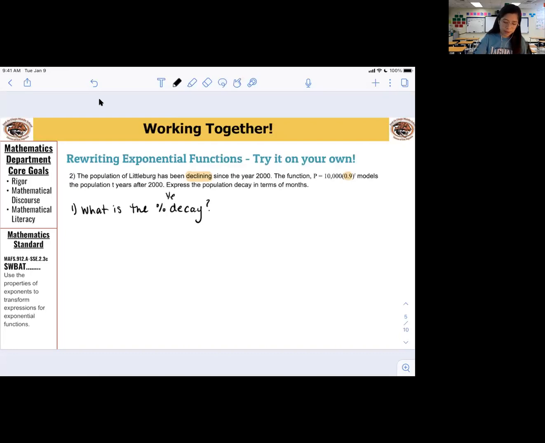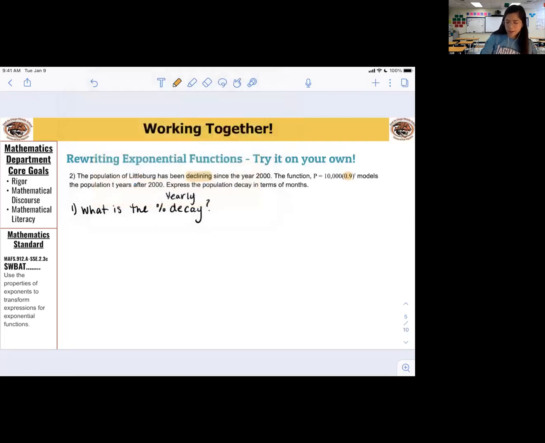And this is the yearly percent. Okay, so the yearly percent decay.